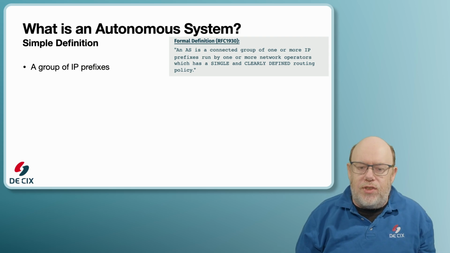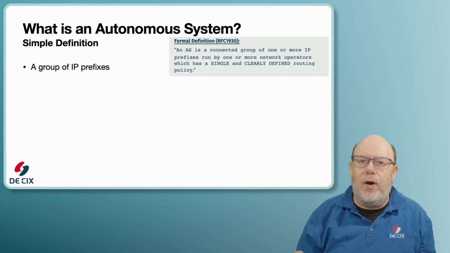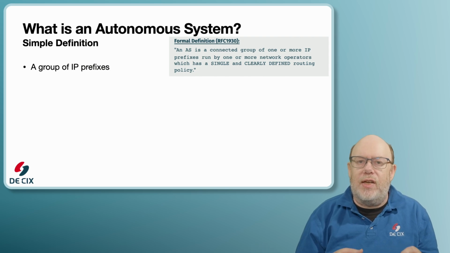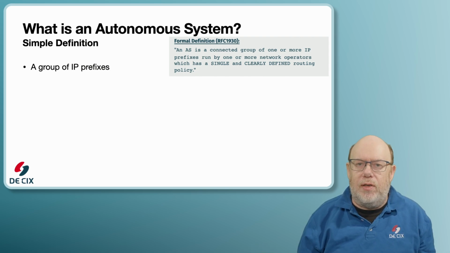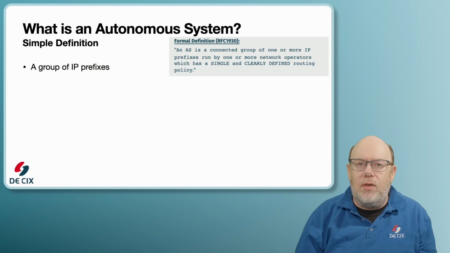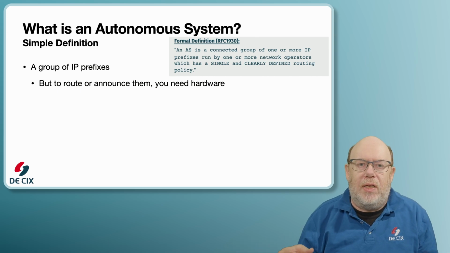The formal definition says an AS is a connected group of one or more IP prefixes run by one or more network operators which have a single and clearly defined routing policy. So a group of prefixes which have something in common, and that's a routing policy. We will get into detail later on what that means.